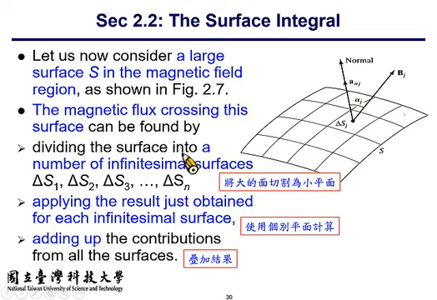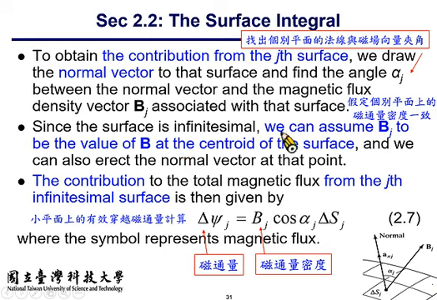For each individual surface, you need to write the normal direction vector of that surface, as well as the magnetic flux density vector in that specific region. Then the contribution of the field passing through this surface can be found using this equation.